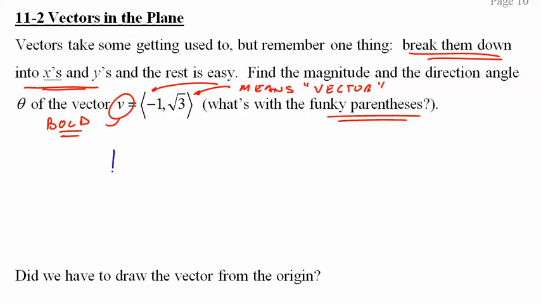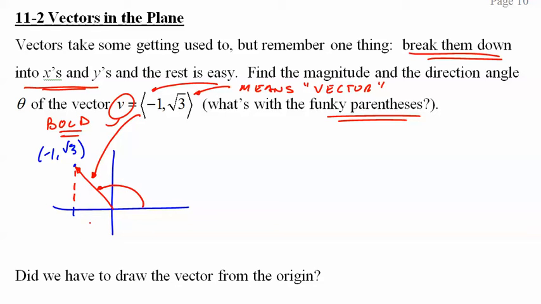If we're going to graph it, we're going back 1 and up root 3, because this is the point (-1, root 3). You might think, wait a minute, you just said it's a vector. Yeah, this is the vector, that's this thing here. The reason I do this is that when I say find the direction angle, it's not too hard.